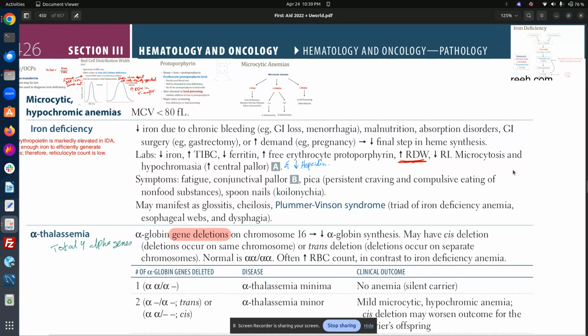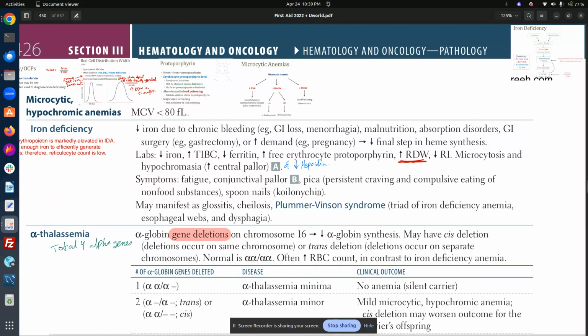Okay, then we'll do peripheral smear. In the peripheral smear, we see RBCs of small size with increased central pallor. There will be microcytosis, small RBCs, and hypochromasia, increased central pallor in the RBCs.